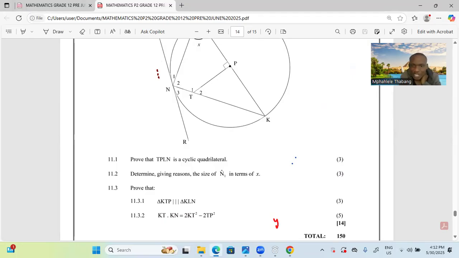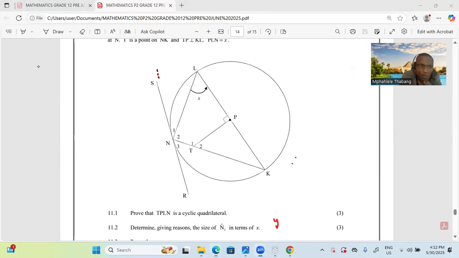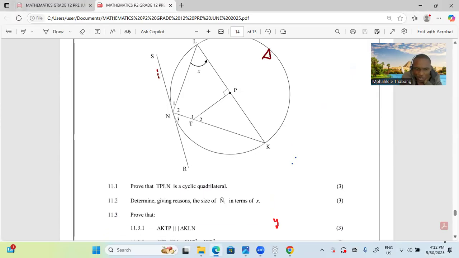Proving the similarity of triangles. How do we prove that two triangles are similar? Most of the time we use the angles. So we need to prove that triangle KTP is similar to triangle KLN.